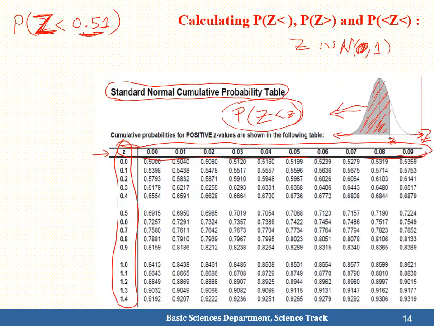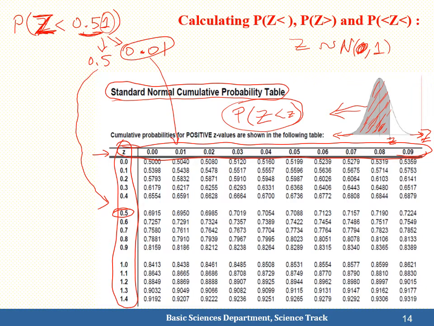These numbers show you the breakdown of this number. The first part is 0.5, and the second one here, 1, you can write as 0.01. So the first column shows the first component of little z, 0.5, and the second part here is 0.01. You find these two, and after finding them, you will find the corresponding area. The corresponding area is 0.6950.